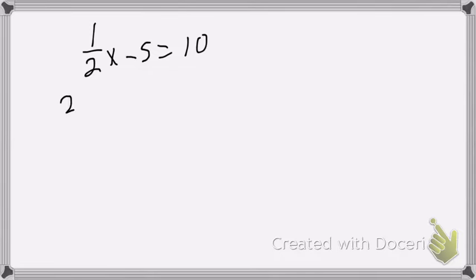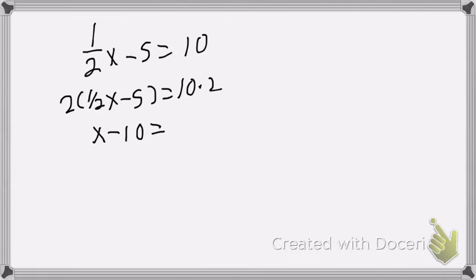They multiply both sides by 2. It's called clearing the fraction. Golden rule of algebra, if we do it to one side, we've got to do it to the other. And that third step we see is x minus 10 equals 20. And that fourth step we get x equals 30.